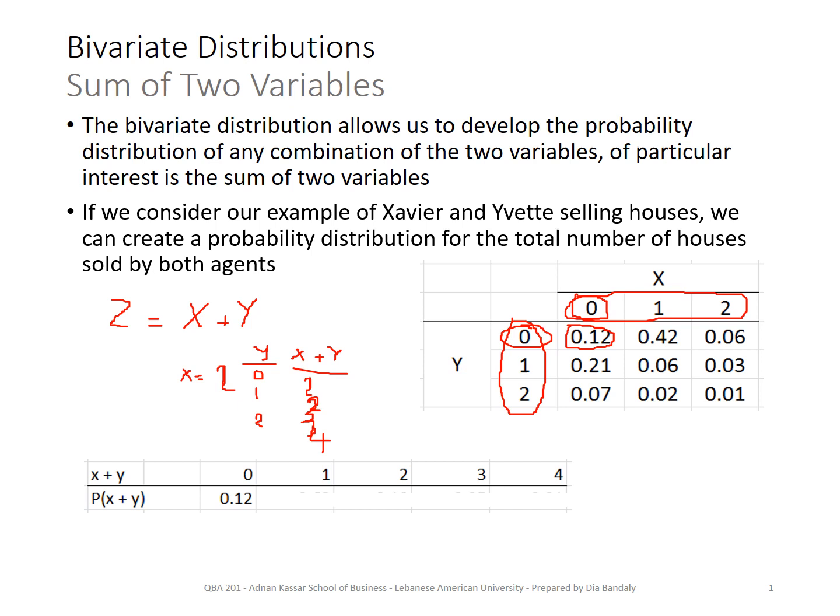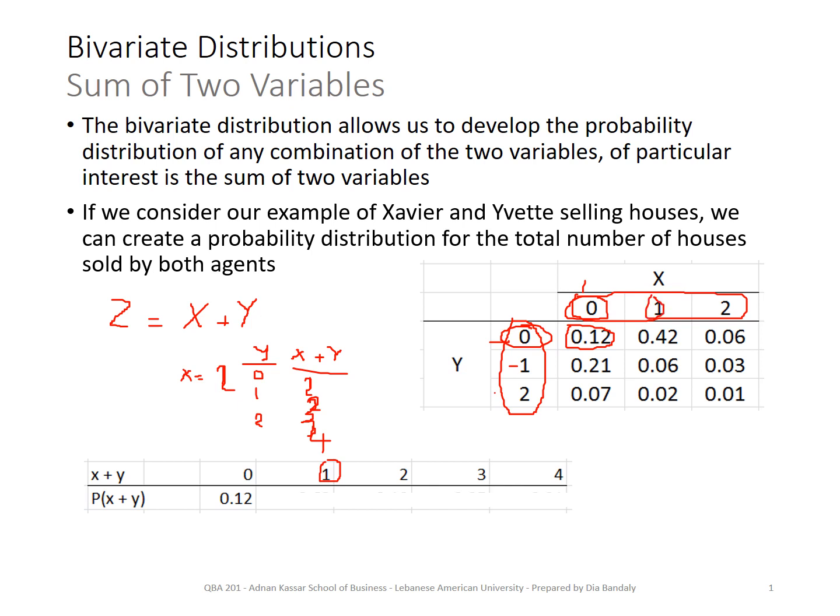Now, what's the probability that X plus Y is equal to 1? So you ask yourself, in which cases does this happen? It happens in two cases: if Y is 1 and X is 0, or if Y is 0 and X is 1.